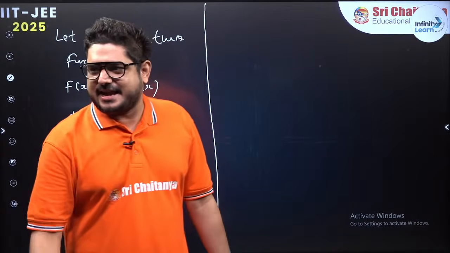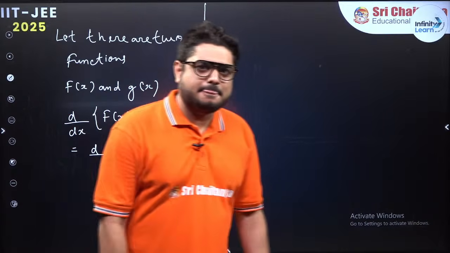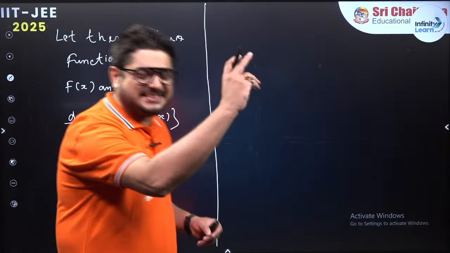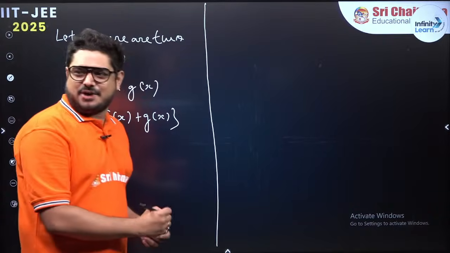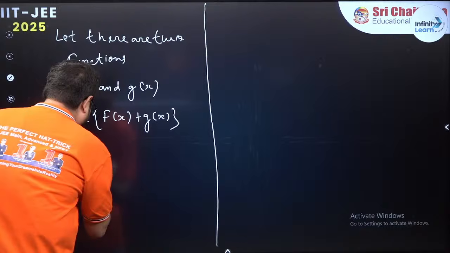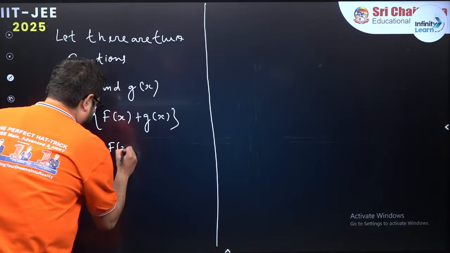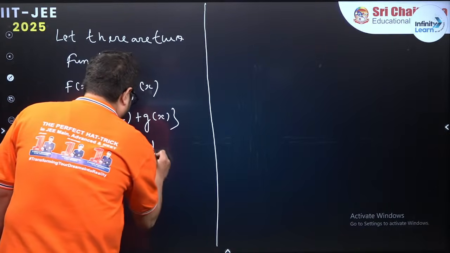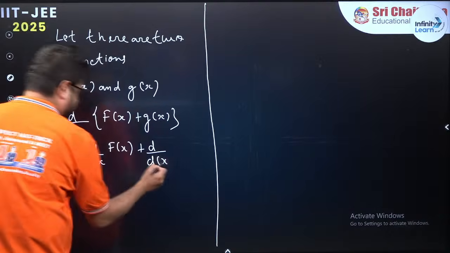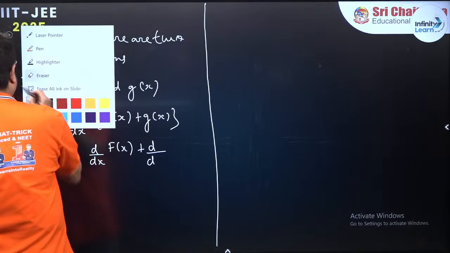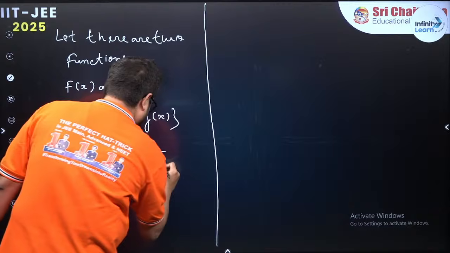In the same way, we are going to be doing this. You can consider this d by dx to be just like an operator, and I can write it as d by dx of fx plus d by dx of gx. That's what we can say over here.